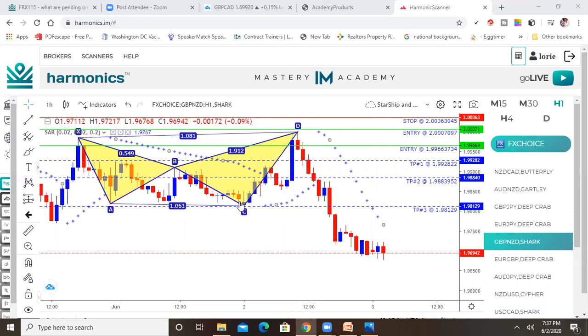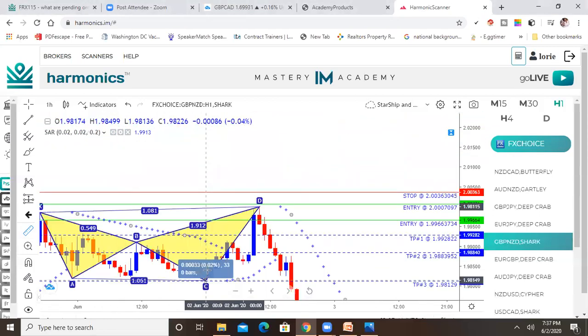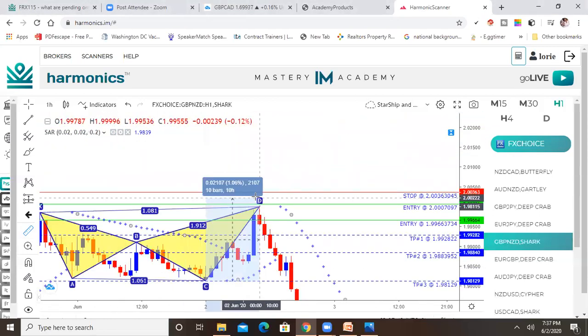But this distance between C and D, you can get your ruler right here and just see, 200? Will you take 200 pips? Is that enough for you?